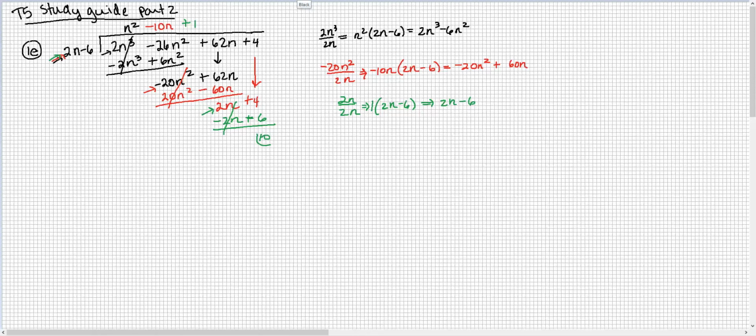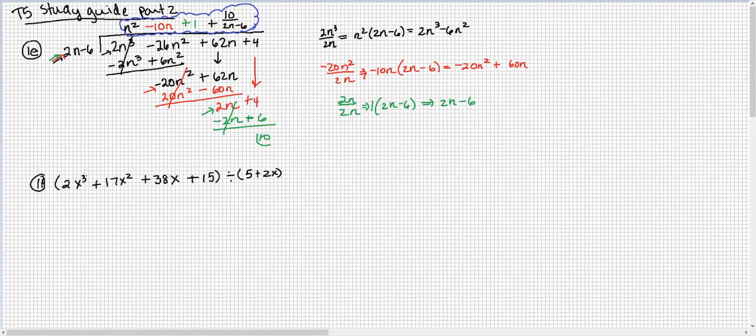Alright, and then what you need to remember is that this is the remainder, right? I guess I can put it over here. Plus 10 over 2n minus 6. And this would be the answer. Right there. Alright, let's do the next one.